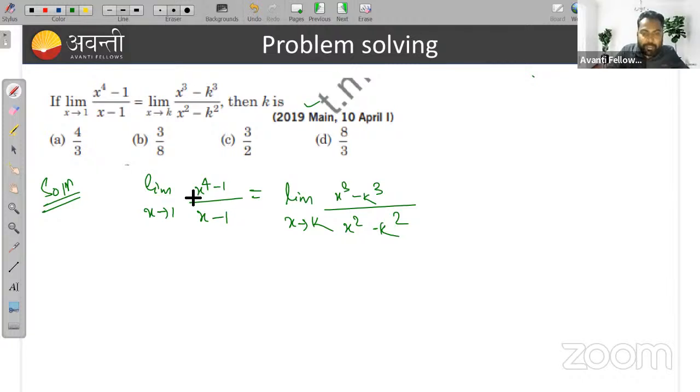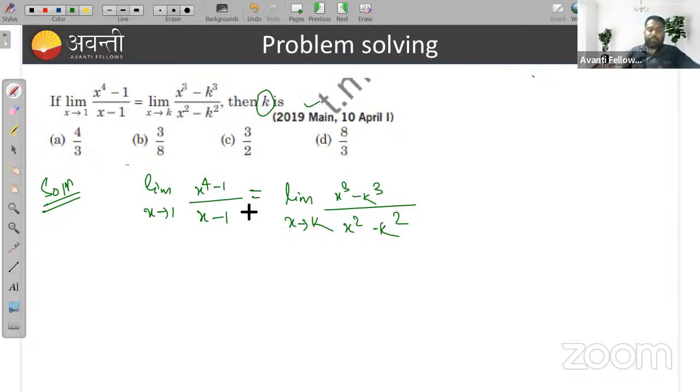Then you have to find, if both the limits are equal, the value of k, or we can say for which values of k both the limits will be the same.